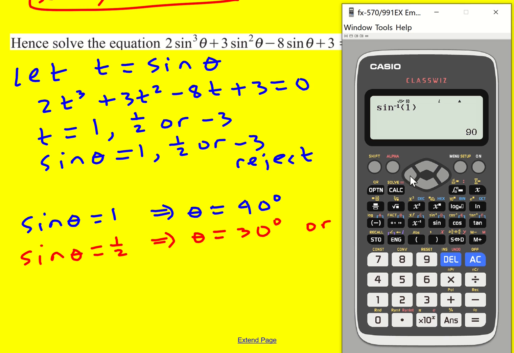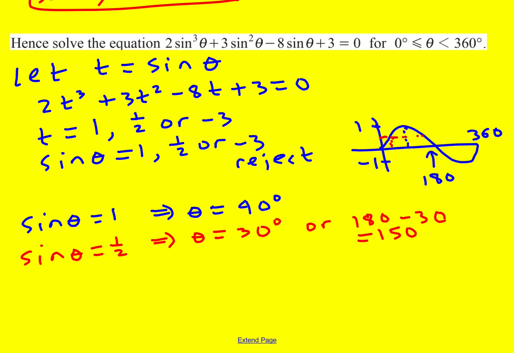Again, if you weren't sure about that, of course, you can do inverse sine of a half or 0.5, and we'll get 30. And then just to check that 150 works, you can do a sine of 150, and again, you get a half. But try and learn the symmetries of the curve. So overall, theta is equal to 30 degrees, 90 degrees, or 150 degrees. And those are the three answers.